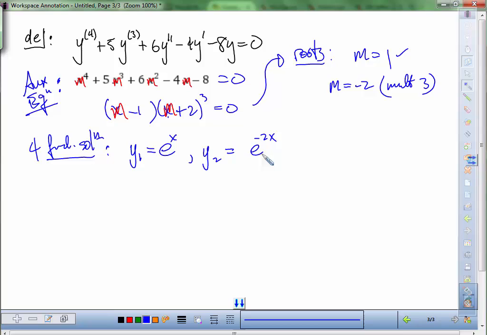And now, since negative 2 has multiplicity 3, I need another function that would have this solution, except these two are exactly the same function, so they're linearly dependent, and so I can't have both of them there.